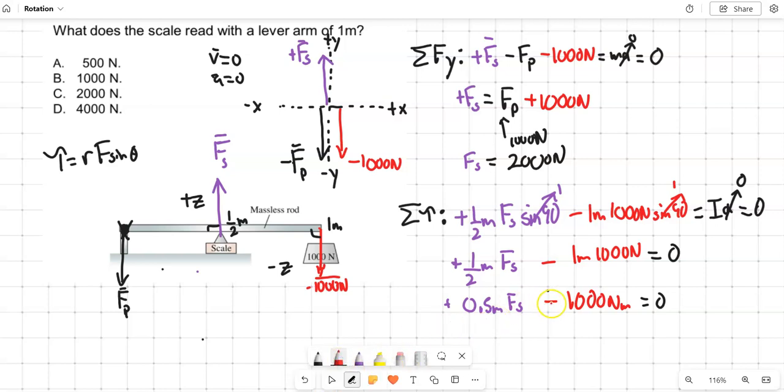I'm going to add this 1,000 Newton meters onto the other side of the equal sign, so what we're going to have is 0.5 meters times F sub S equal to 1,000 Newton meters.